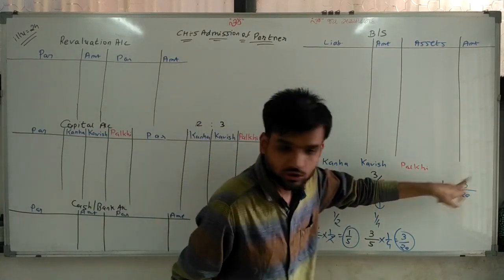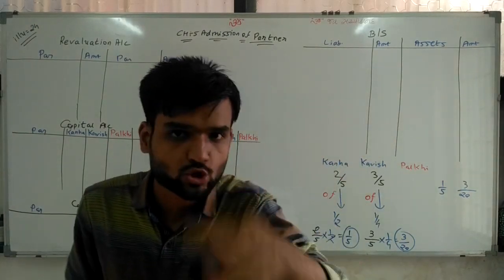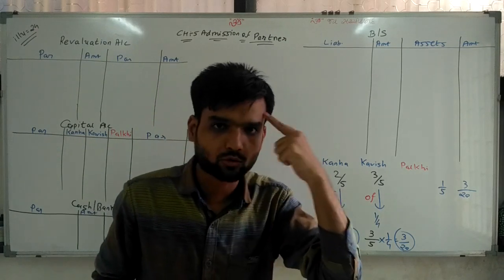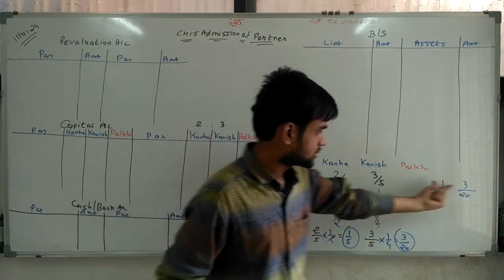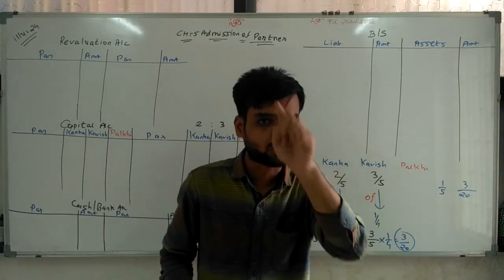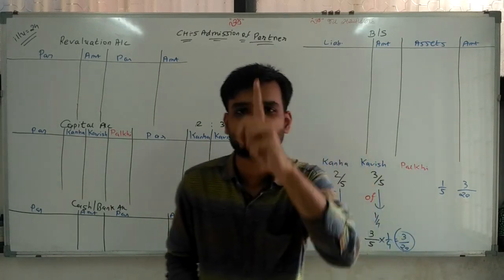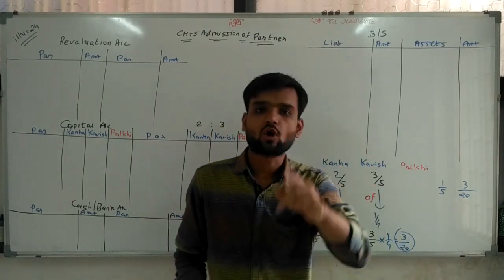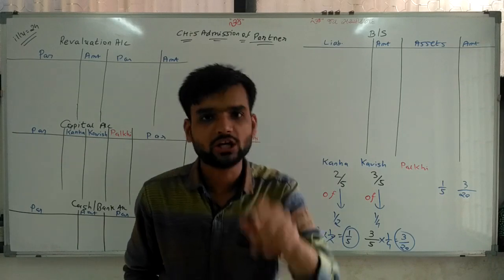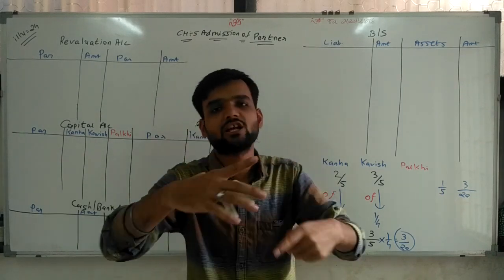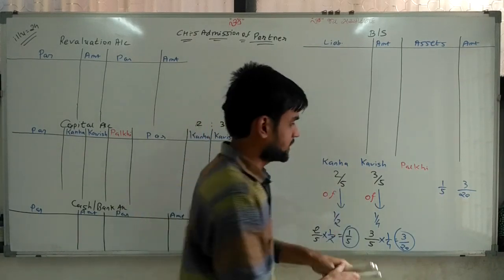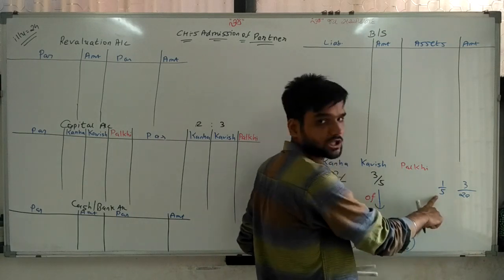So 1:3 is not the sacrifice ratio. Most important thing, please try to understand. 1:3 is not the sacrifice ratio because the denominator is not the same. So first of all make the denominator the same, then calculate ahead. Here 20 is there, here only 5 is there.